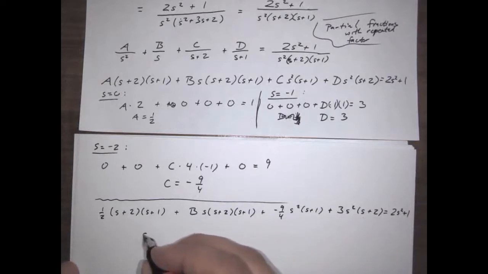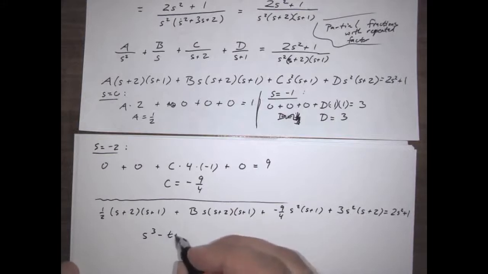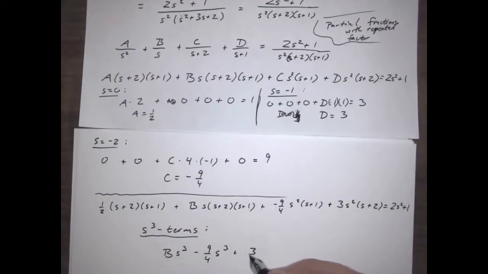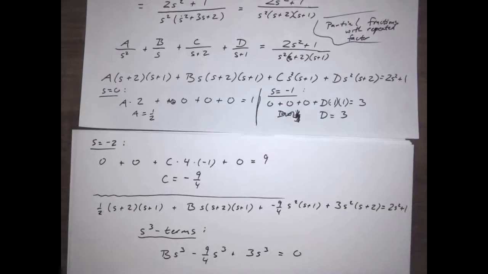So we can just put them all together, the highest degree terms here, are going to be B s cubed, and we can ignore all the lower ones, they're not going to come into play here. Then here we're going to have minus 9/4 s cubed. Then next we're going to have plus 3 s cubed, and on the right hand side there is no s cubed, so it's going to be 0.